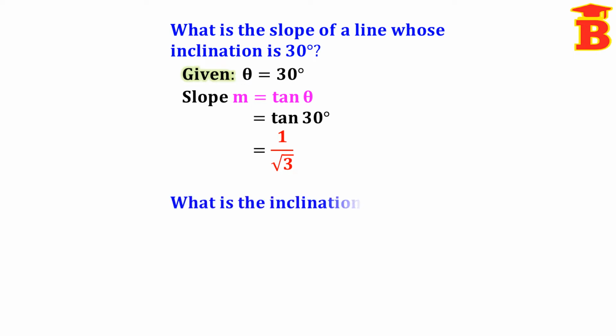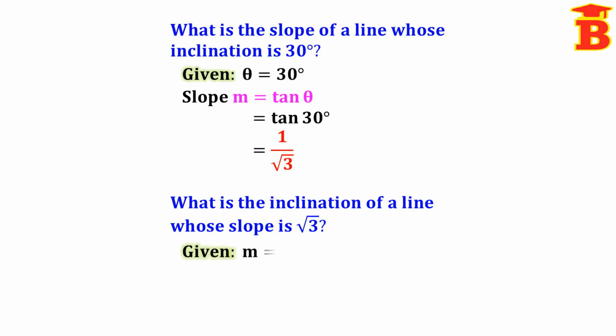Next problem, what is the inclination of the line whose slope is root 3? Here the slope is given, we have to find theta. So given m equal to root 3. M formula tan theta equal to root 3.